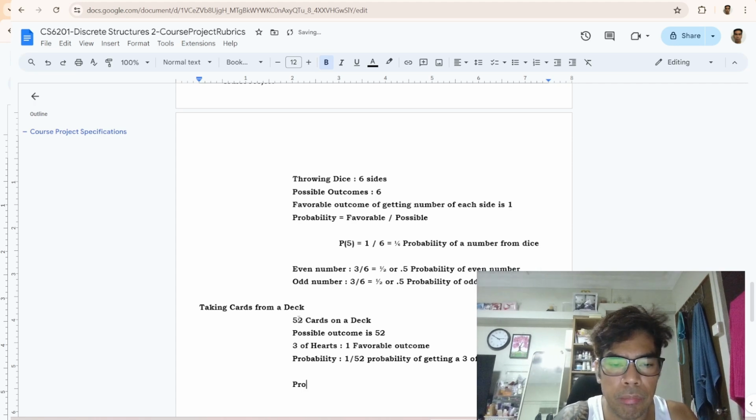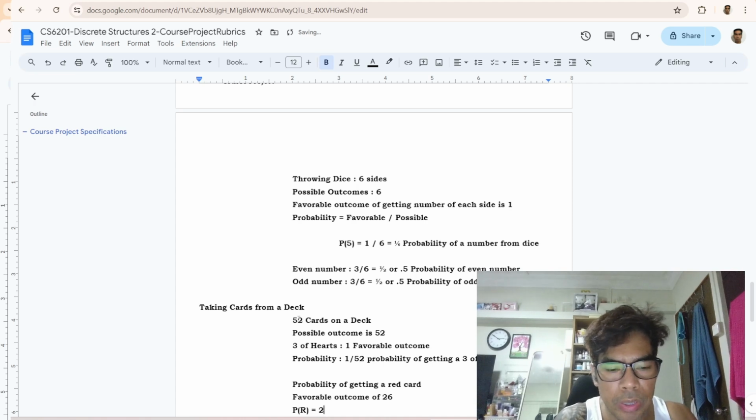The favorable outcome is 26, so our probability of a red card will be 26 out of 52, which is also equal to one half.